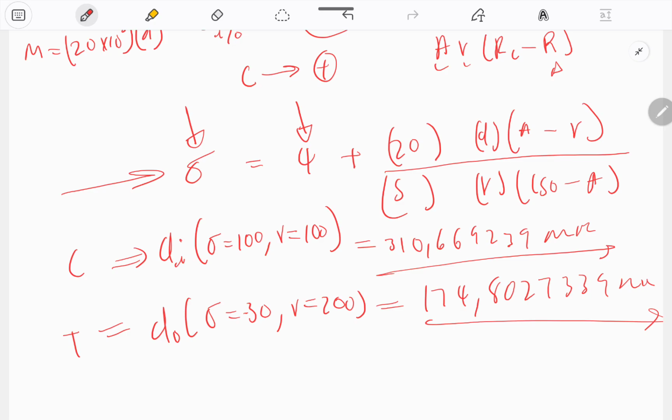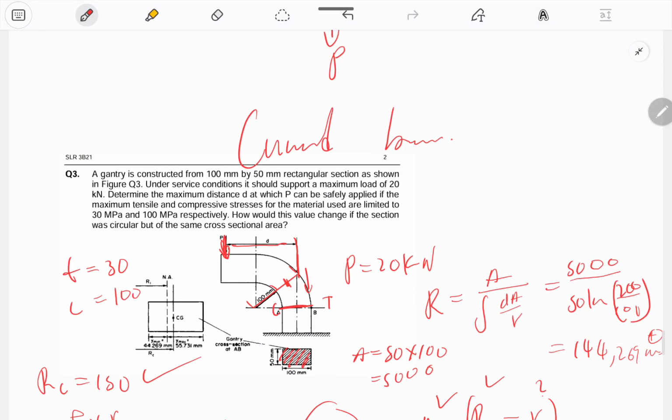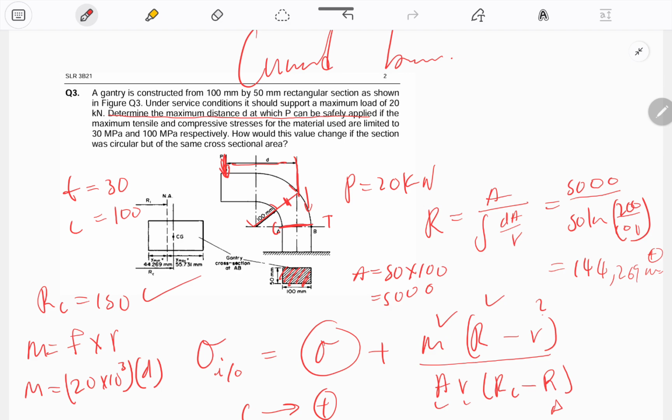So these are the distances. I remember what the question wanted. What is a maximum distance? Okay. So technically the maximum is the smallest distance that we can get, because if we go to the bigger distance, that means this thing would have reached its maximum compression that it can take, or tension.